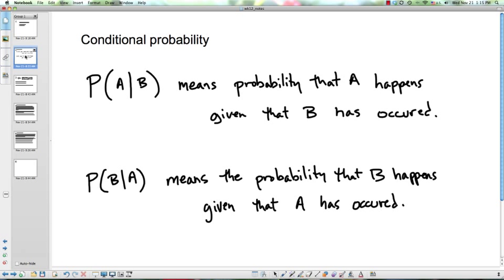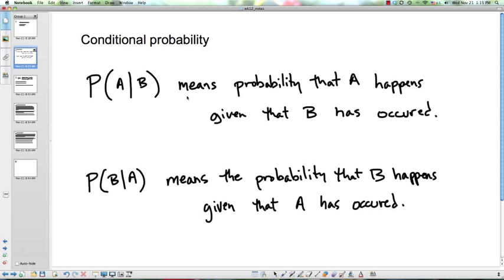So first, let's just look at the notation for conditional probability. When you see P parentheses A slash B, this is read the probability of A given B, or the probability of A assuming B happened. This means the probability that A happens given that B has occurred.